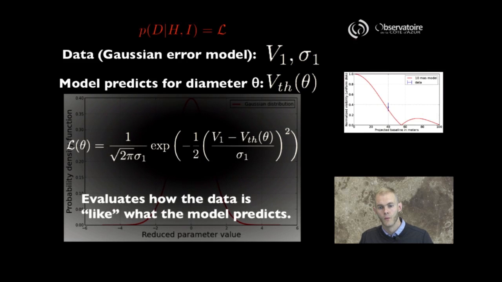And so this, which is homogeneous to a probability, in fact, it's even normalized to be exactly like a probability, really evaluates how much the data point and the model actually look alike. And our goal is going to be to fine-tune the value of the parameter theta to ensure that we maximize this likelihood.